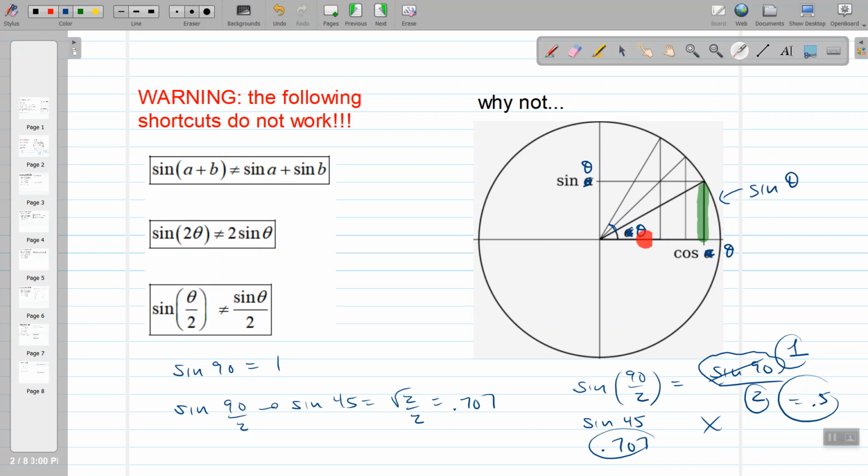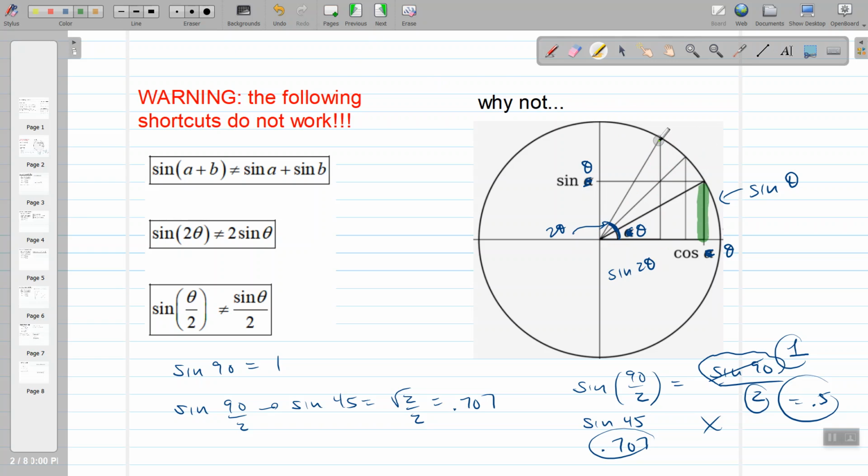But long story short, for this new angle, which is now 2 theta, if I were to do sine of 2 theta, basically what that means is I would look at this triangle that I'm tracing with the red dot and figure out what the sine of this triangle is. And once again, the sine of this triangle would be the vertical part. We could stay with green.